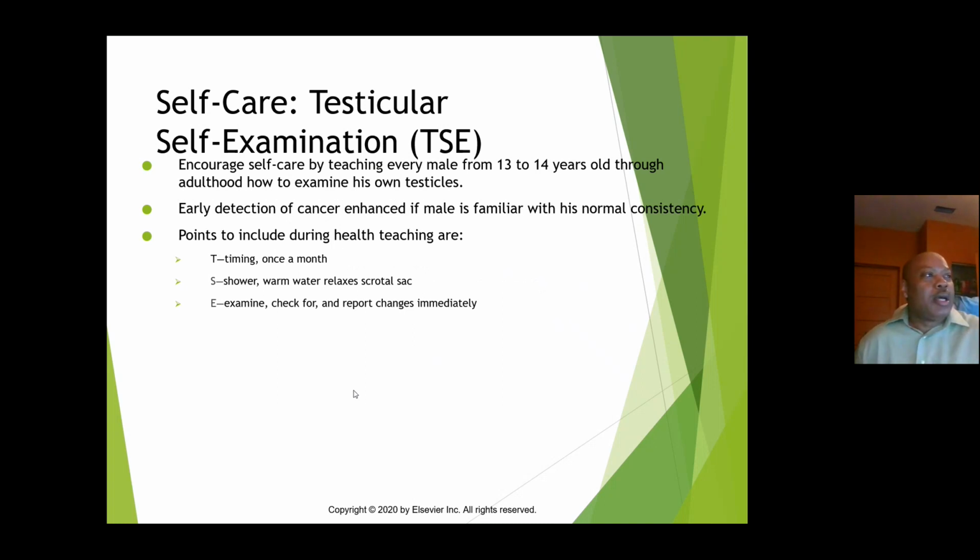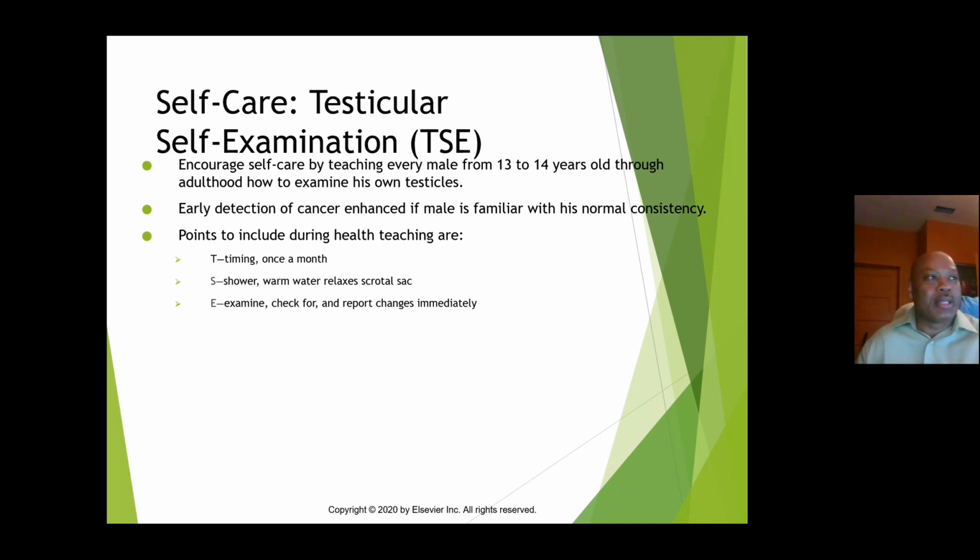We want to encourage self-care by teaching every male from the age of 13 to 14 years of age to adulthood how to examine their own testicles. Early detection of cancer is enhanced if a male is familiar with the normal consistency.